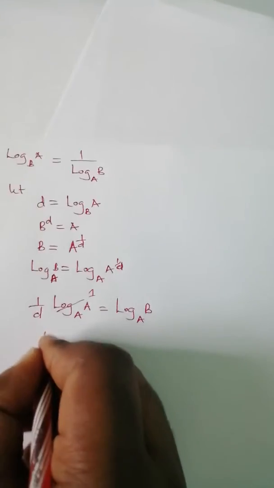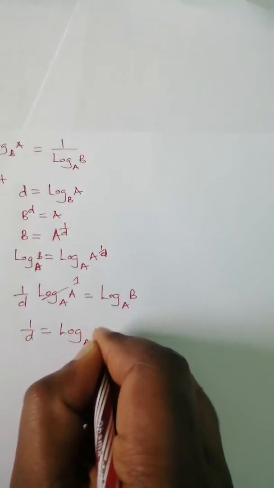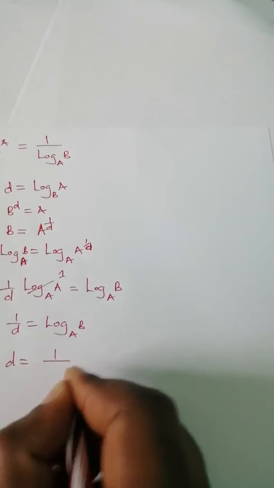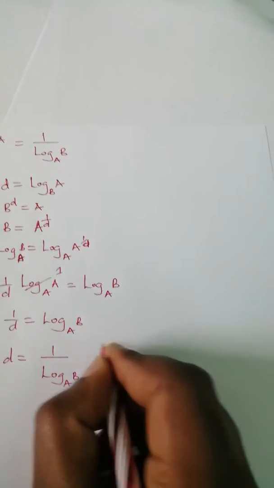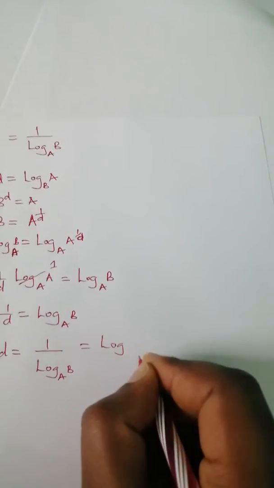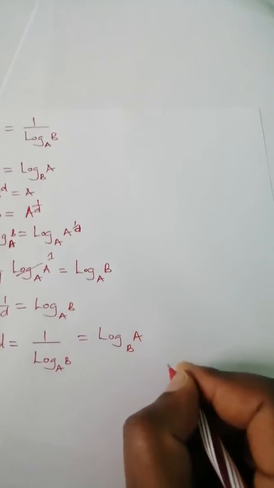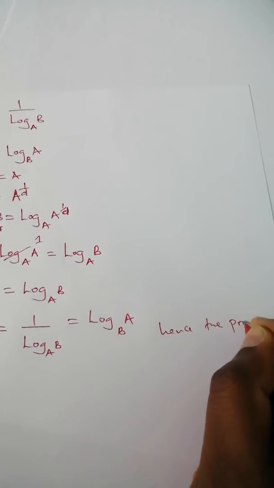So we shall have 1 over d is equal to log b to base a, which implies that d is equal to 1 over log b to base a. But what is d? d is log a to base b, and hence the proof.